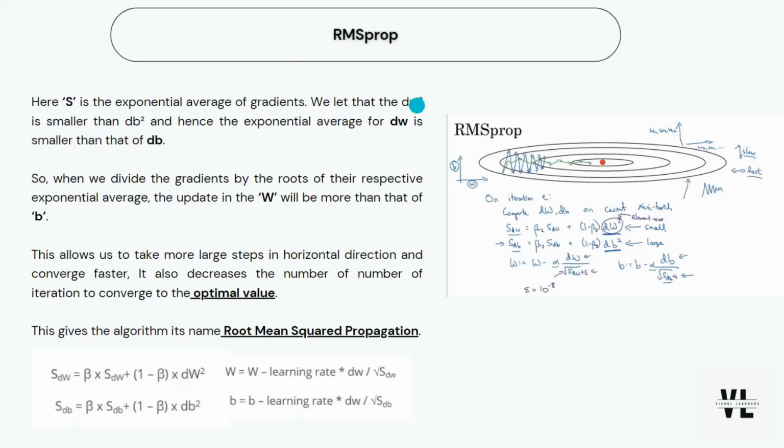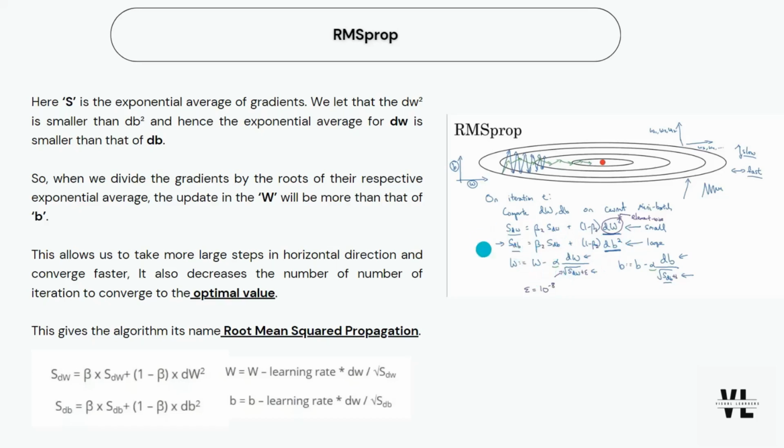The reason that we are squaring the gradients is that we want dW squared to be smaller and dB squared to be larger. db is already a large value because of the large oscillations, and when we square it, we're going to have a larger term for the gradients.